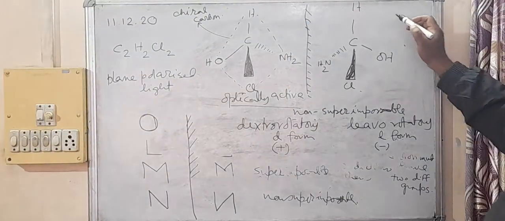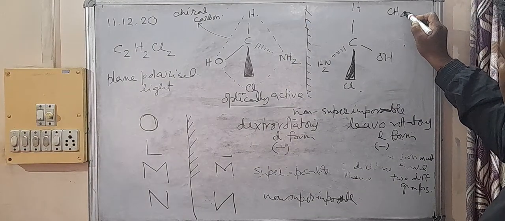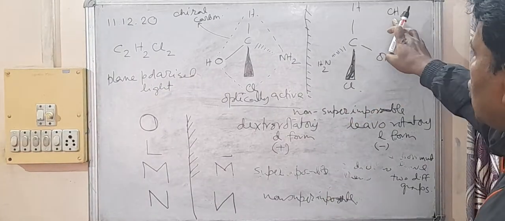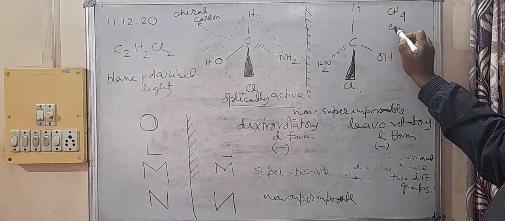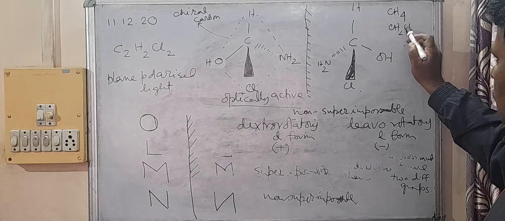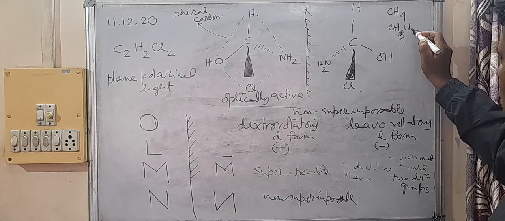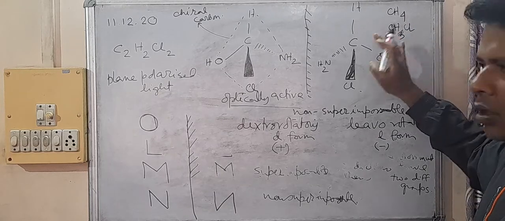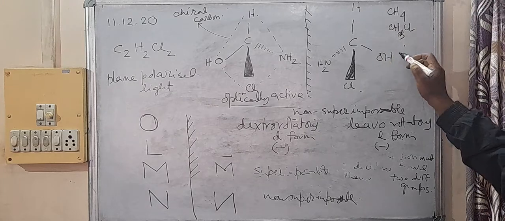That means if there is a chiral carbon present. Now suppose this compound cannot show this property. This is optically inactive. Say CH3Cl, it is also optically inactive. It will not show optical isomerism.